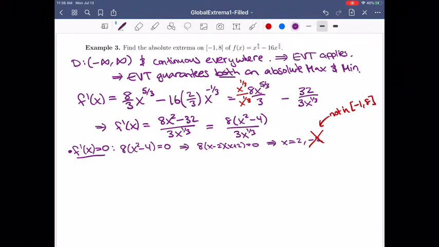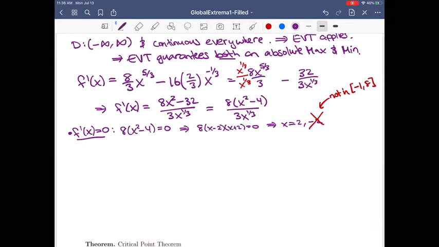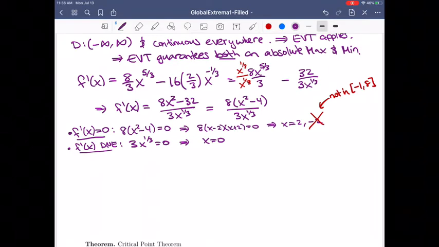It is a critical number for the function, but it doesn't matter here. So we just get x equals 2 there. Then we need where the derivative does not exist, because those could be critical numbers. That's when the bottom equals 0, which is at x equals 0, and that is in my interval. So I get these two critical numbers.